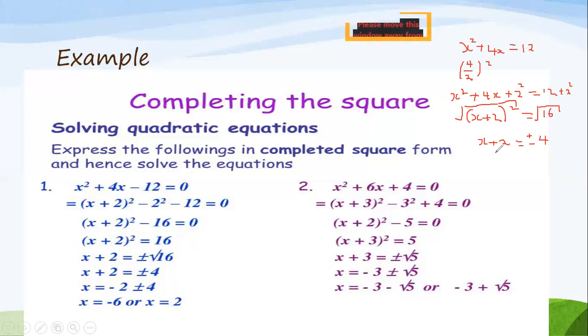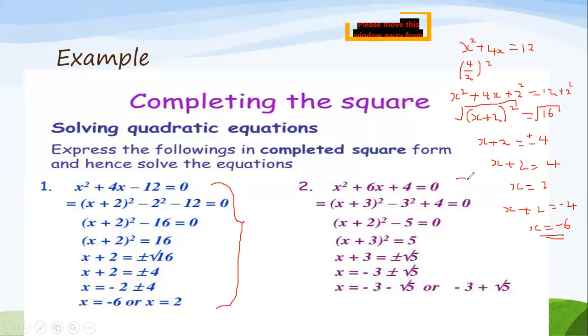So you can first say x plus 2 equals positive 4, and here you get x as 2, or you can say x plus 2 equals negative 4, and here you get x as negative 6. Or else you can leave all of the values on the same side, and that is when you'll have a solution which is like this.